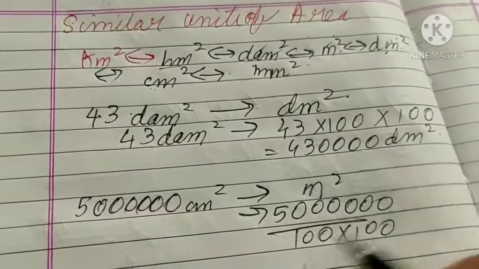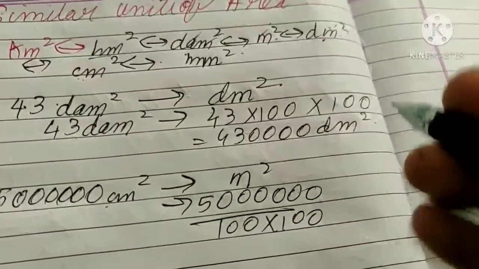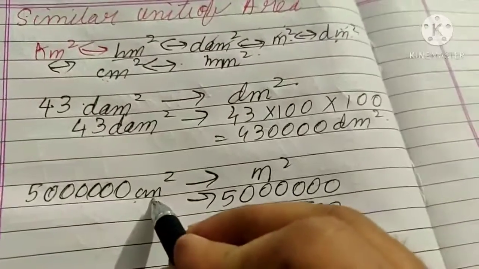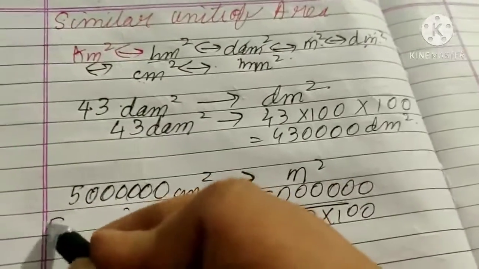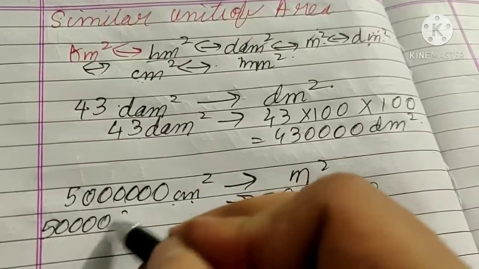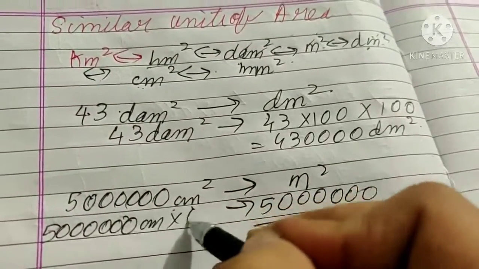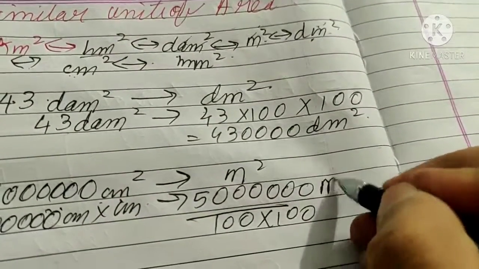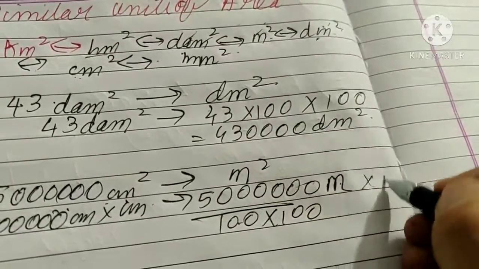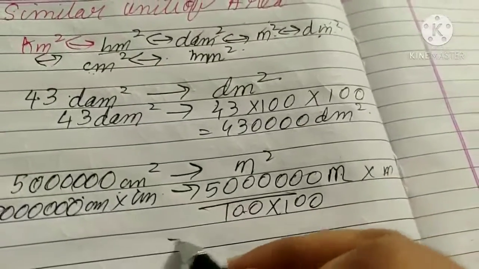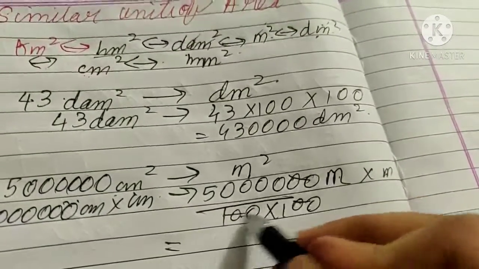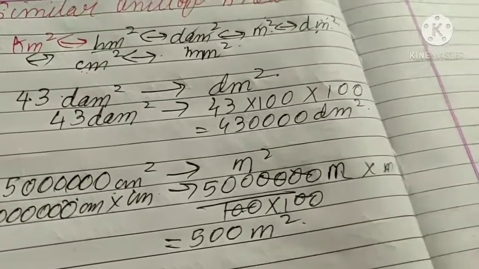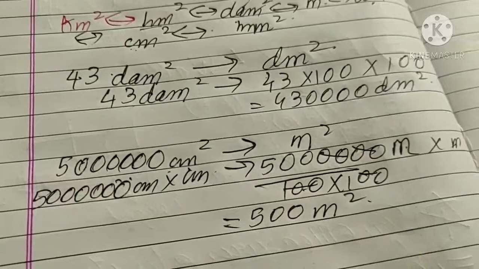It was 2 positions, so 100, and since it is centimeter square, we divide 2 times by 100. Centimeter square is centimeter into centimeter, 2 times. One centimeter is converted into meter by this, and one more by this. This is the conversion.